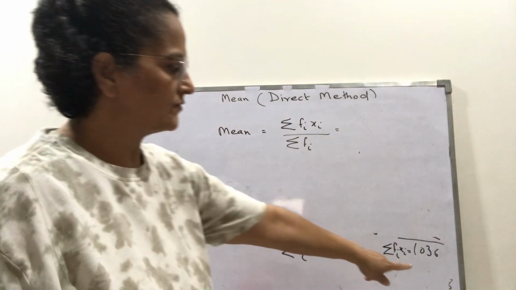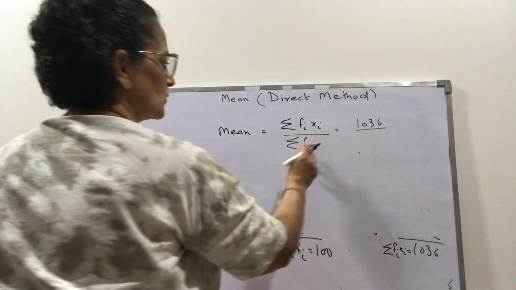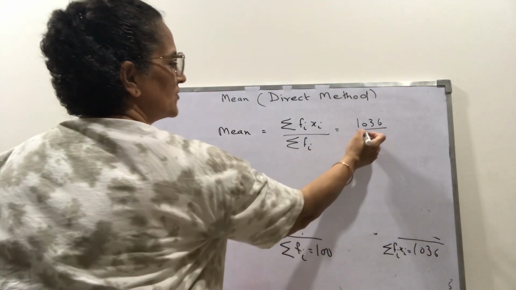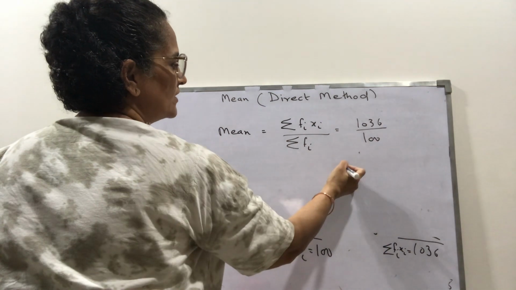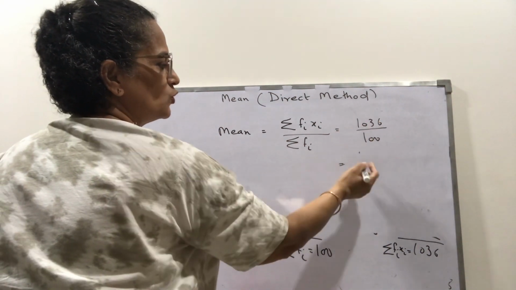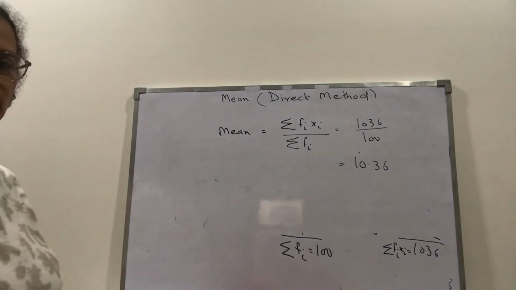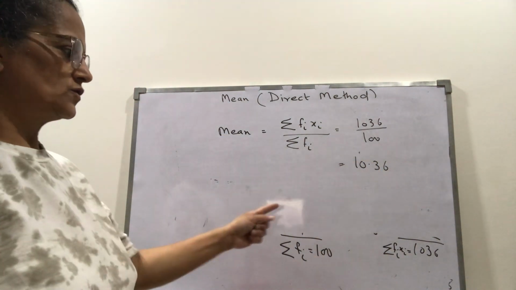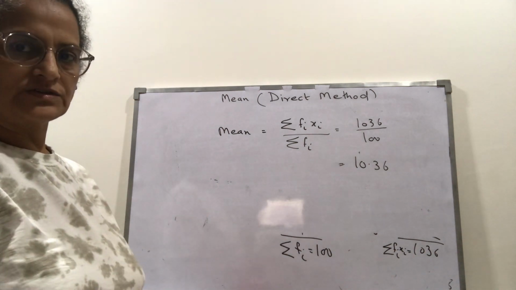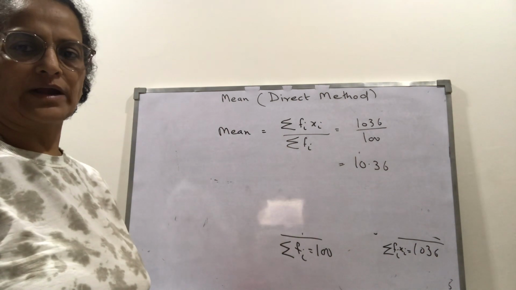What did I get after adding up? 1036. And what was sigma Fi? 100. When two zeros are there, you put your decimal 2 places from the right. So my mean for the question will be 10.36. Whenever mental calculations are possible, we use the direct method for finding mean.